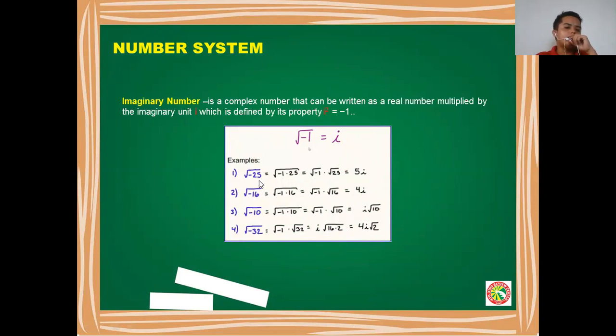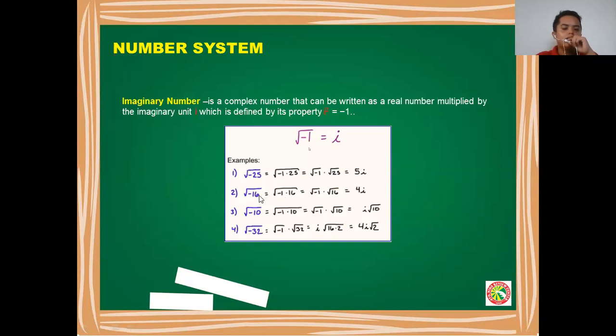Square root of negative 25 will be changed into positive, but you put i outside. That is square root of 25 times i. But square root of 25 can be simplified to 5. So 5 times i, which is your square root of negative 1, that is 5i.